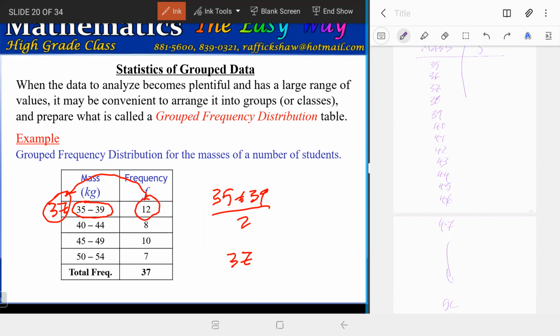That is why we'll be estimating. And here's the wicked thing about it now: CXC will ask you that very question. When you calculate the mean from grouped data, and it's an estimated mean, CXC will ask you, why is this an estimated mean?